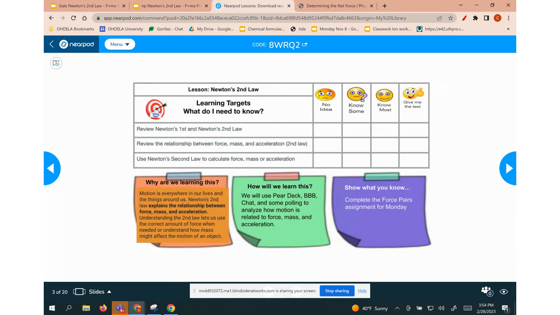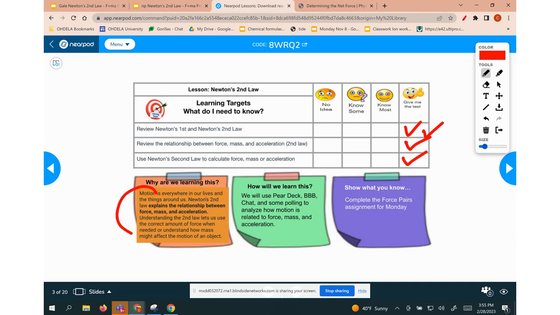All right, so we'll be reviewing the first law. Need to know that for the test. And then we're going to practice some calculations on the relationship between force, mass, and acceleration, and use the second law to calculate the mass and the acceleration.